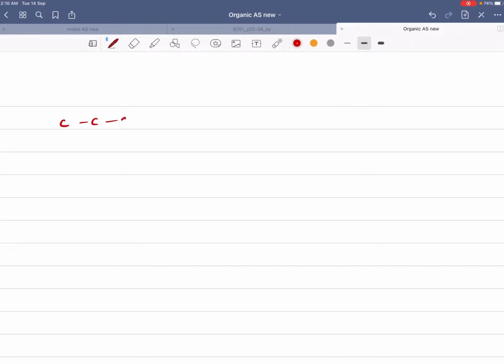We have this butane, and on the second carbon we have a bromine group attached. So this 2-bromobutane is reacting with sodium hydroxide in aqueous phase.